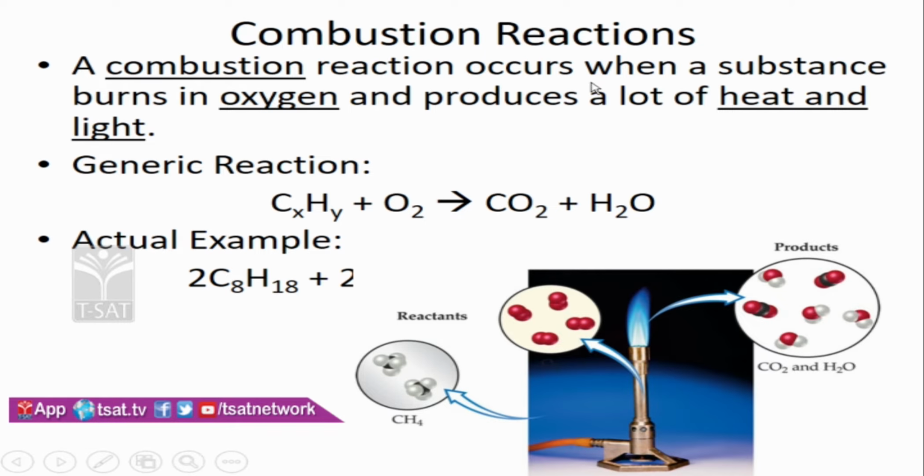Now, let us view some combustion reactions. Most of the combustion reactions occur in hydrocarbons: methane, ethane, propylene. Such gases combust to form carbon dioxide and water. The products will be the same in hydrocarbon combustion reactions.